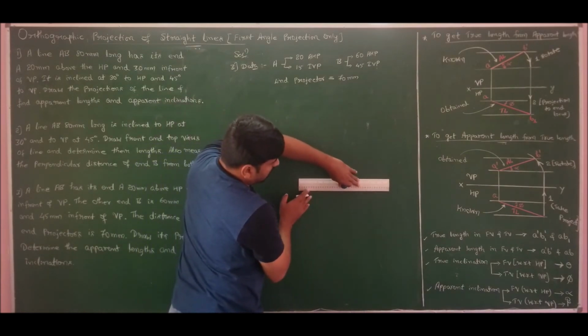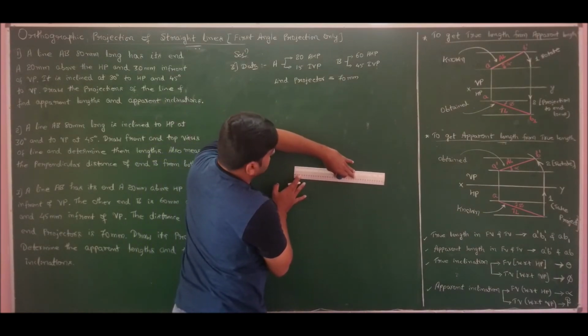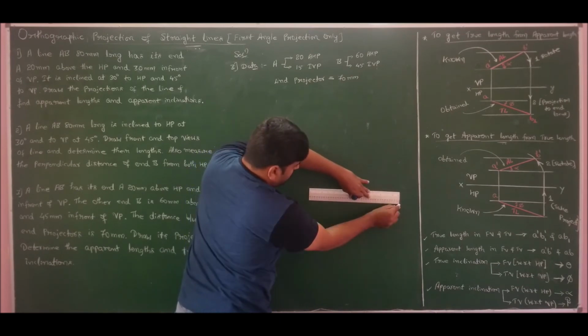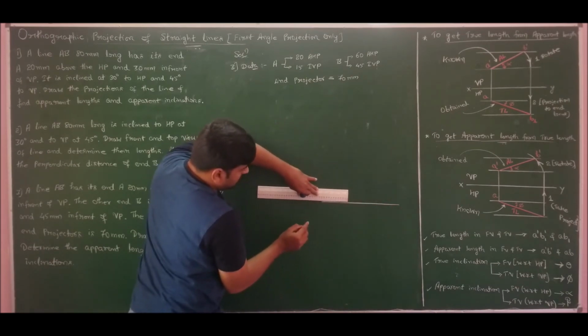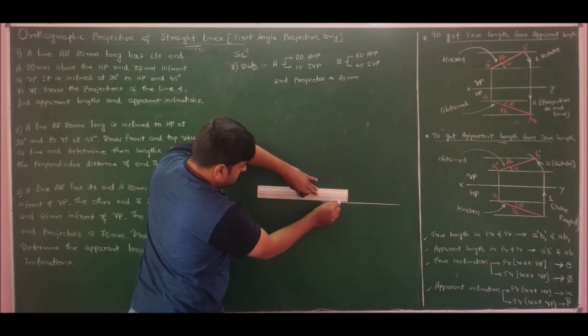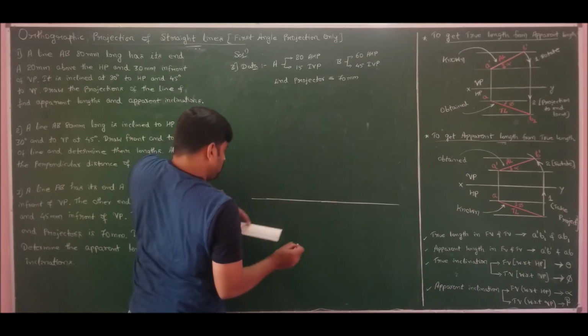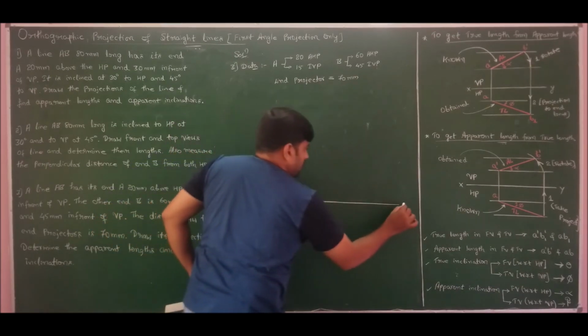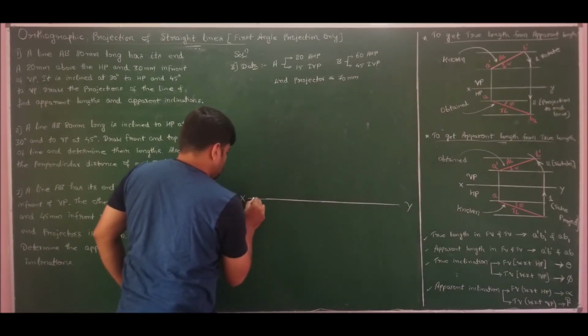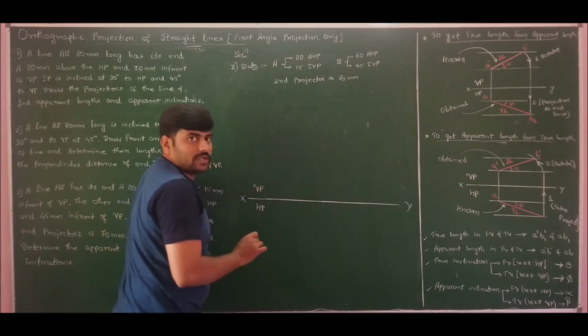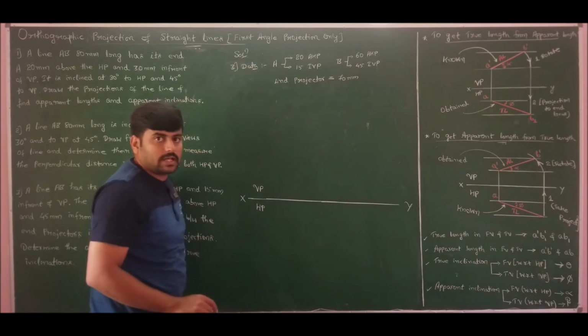First, draw XY line and draw all the locus what he has given. If I do that, drawing the reference line XY and marking all the locus what he has specified, we have reference line XY. Since we are solving for first angle projection, VP will come above XY line and HP will come below XY line.